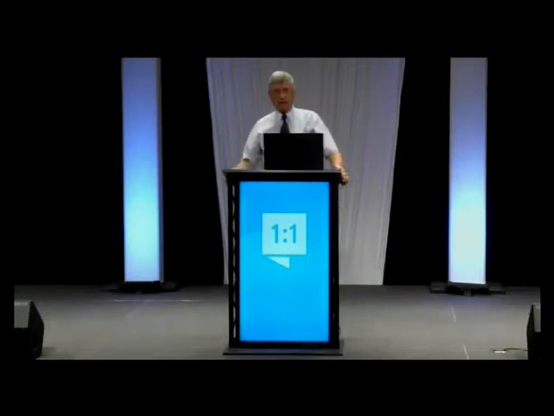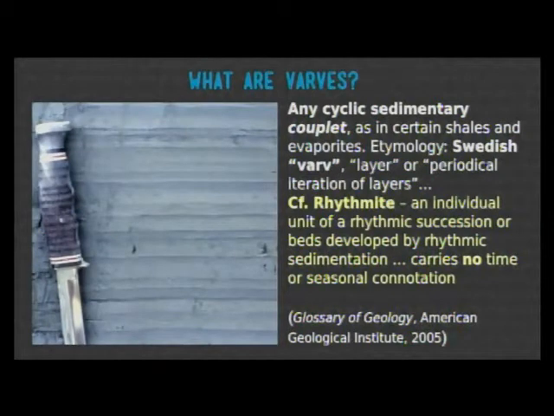Well, here's another definition from the same dictionary. Any cyclic sedimentary couplet, also found in shales that are mudstones and other rock layers. Where did this word come from? It's Swedish, varv for layer, and it means a periodical iteration of layers.